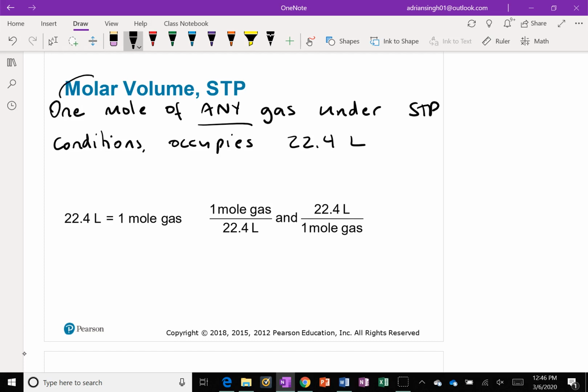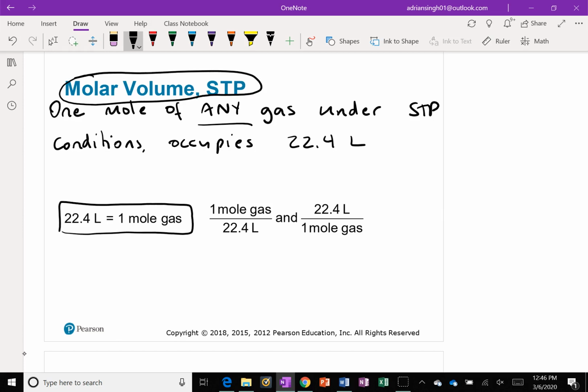So we call that the molar volume under those conditions. We can say 1 mole of a gas is equal to 22.4 liters. So we can take that and turn it into 2 different conversion factors that will allow us to convert between liters and moles of a gas.